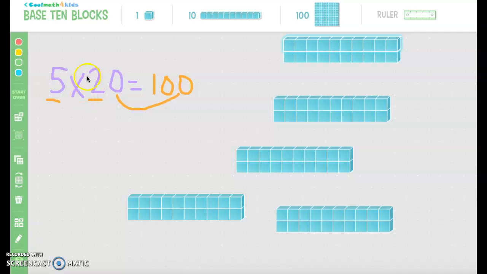If I had 5 times 30, I would have 5 groups of 30, and I would just add 10 more to each one.